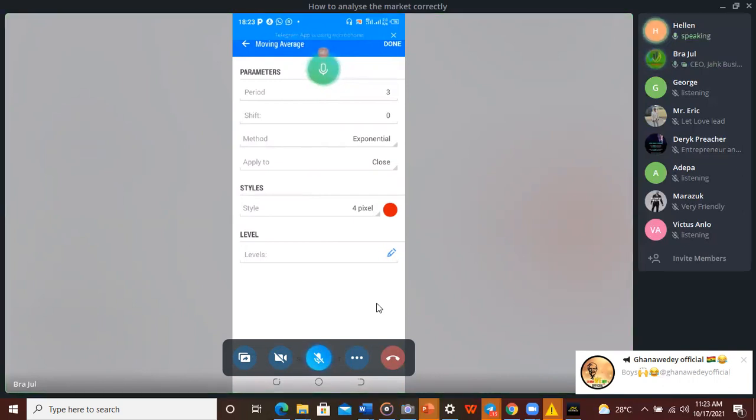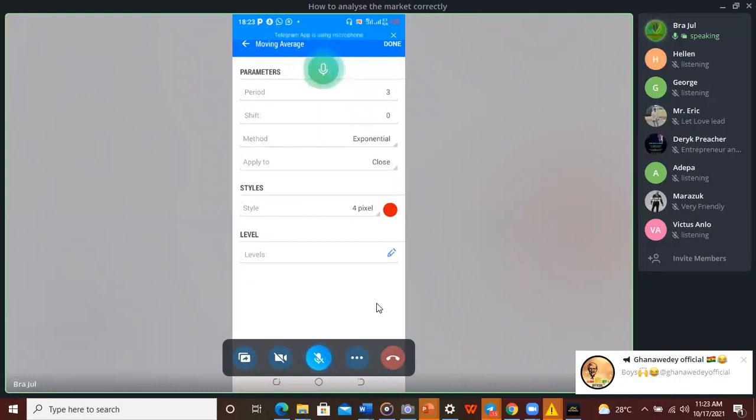The 50 I use light green. Light green. Okay. So that is Miss Helen's preference in choosing colors for the moving averages. That's how yours might also be different. Right. So I use red for the 3 moving average right now.